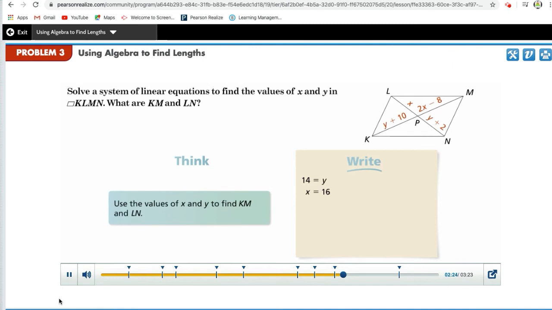Use the values of x and y to find the lengths of segments KM and LN. Substitute y plus 10 for the length of segment KP. Substitute 14 for y.